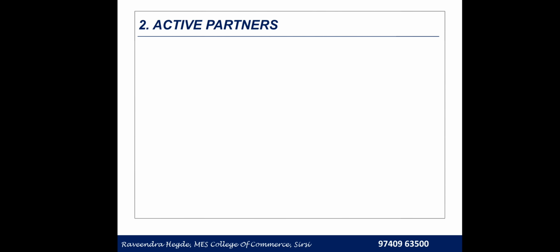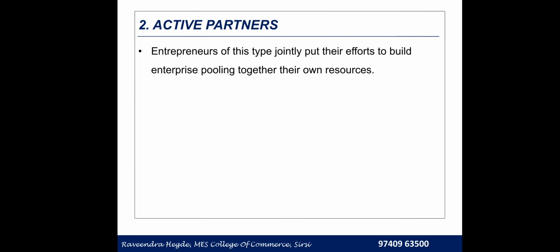Second one is active partners. Active partners are those entrepreneurs who start or carry on an enterprise as a joint venture. It is important that all of them actively participate in the operations of the business.